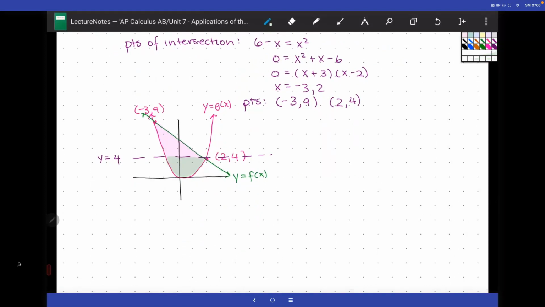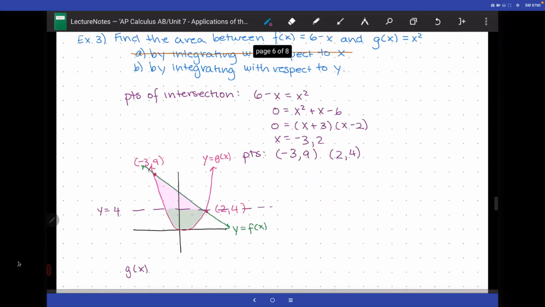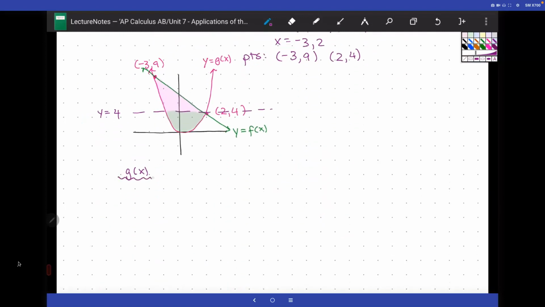So let's see how we do this. The first thing that we're going to have to do is rewrite each equation in terms of y. So for g of x, which one was g? For g of x, if we think of that as y equals x squared, solving that for x, it's x equals plus or minus the square root of y.